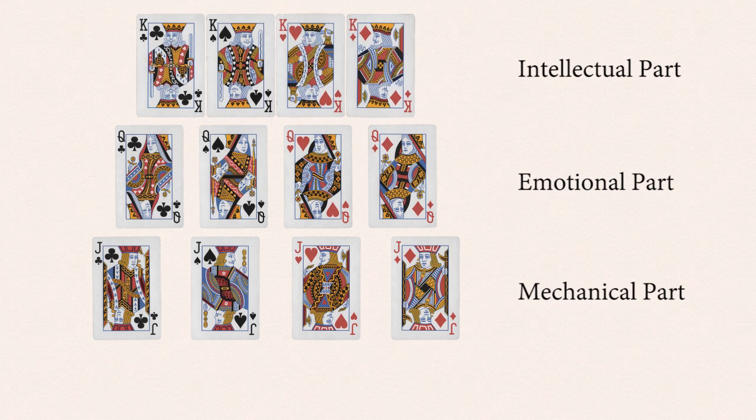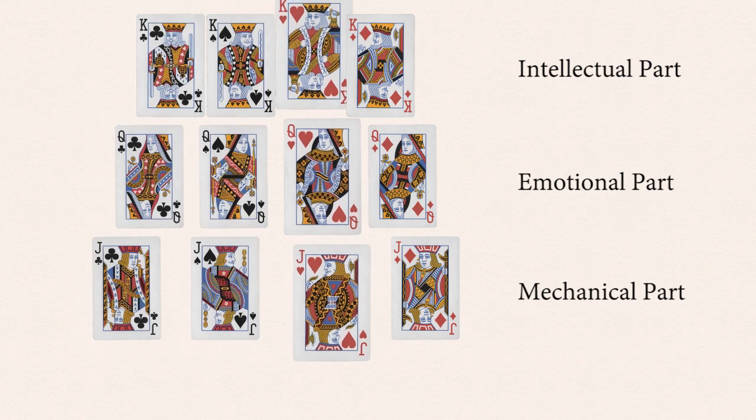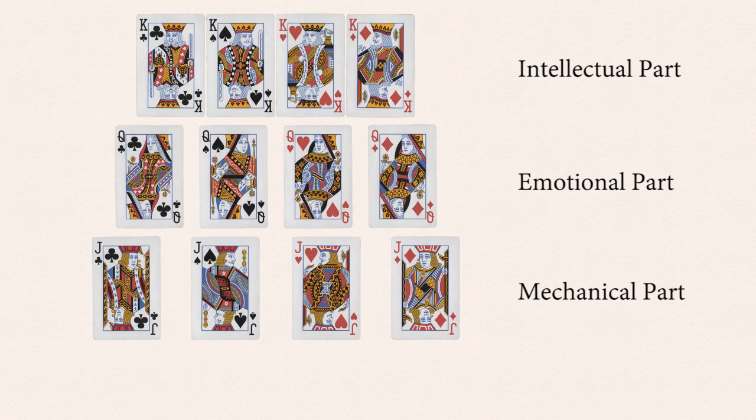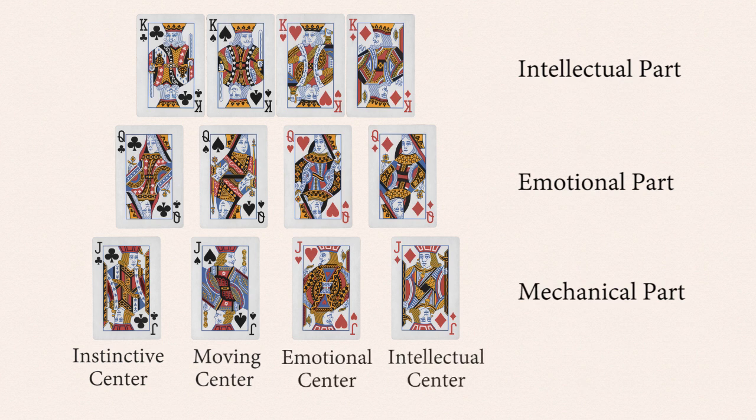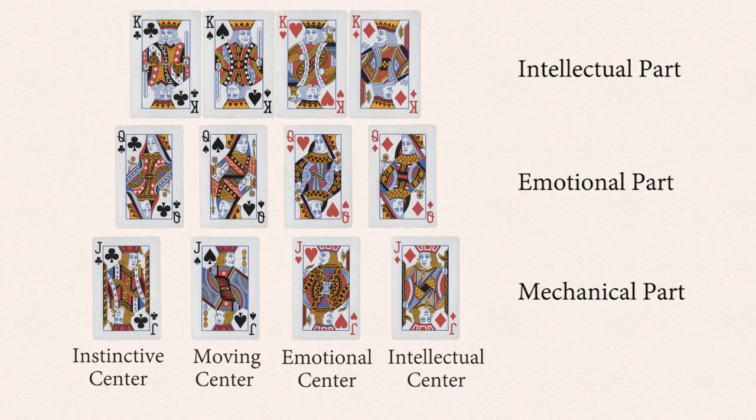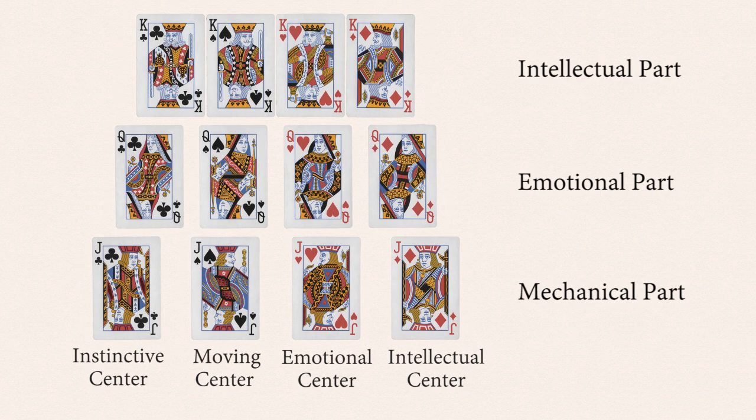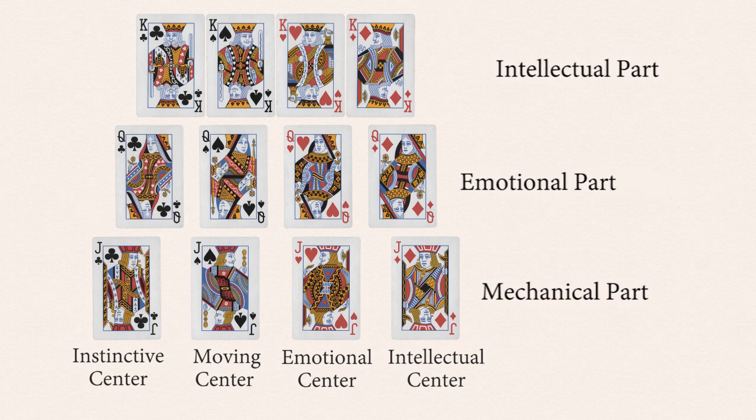The resulting map of the four lower centers displays them side by side. The vertical division of clubs, spades, hearts, and diamonds designates the instinctive, moving, emotional, and intellectual centers respectively, while the horizontal division of jacks, queens, and kings designates their mechanical, emotional, and intellectual parts.